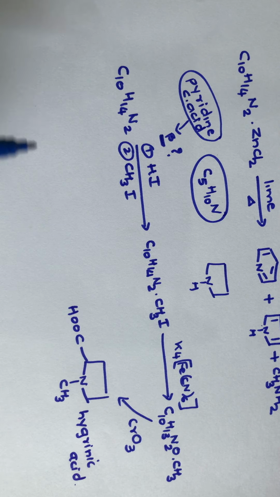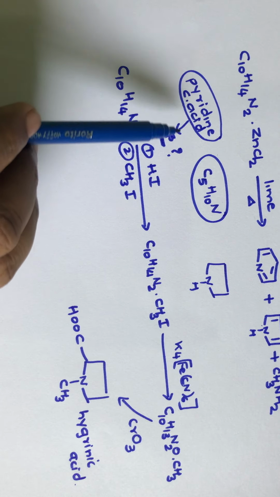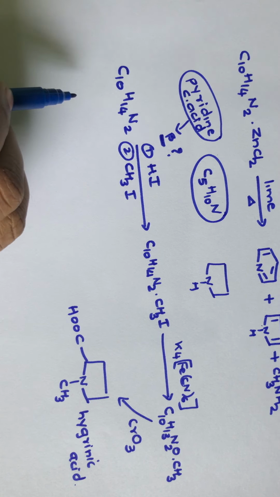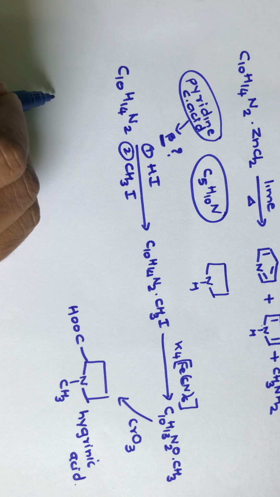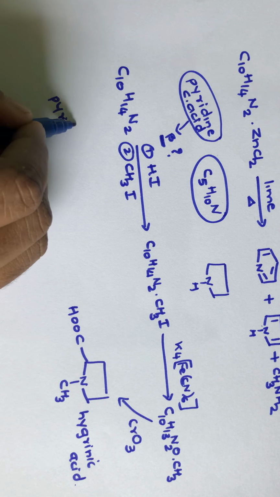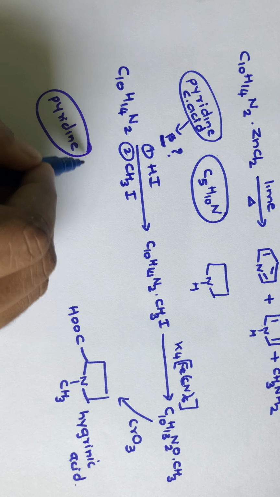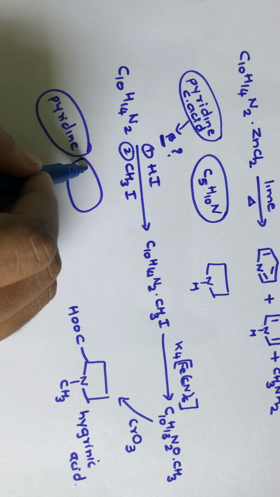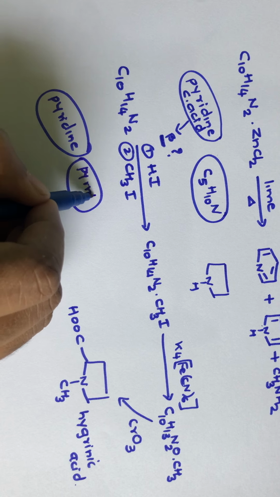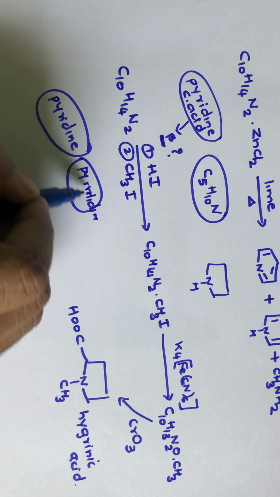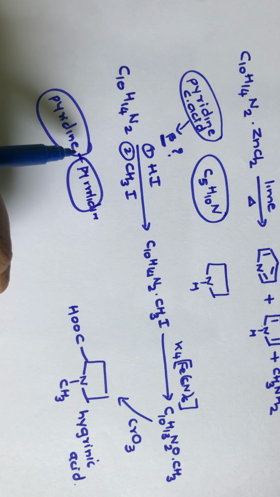Now, we know that nicotine contains a pyridine nucleus and the pyridine is attached to a pyrrolidine nucleus. Both these are attached. We want to know where they are attached.